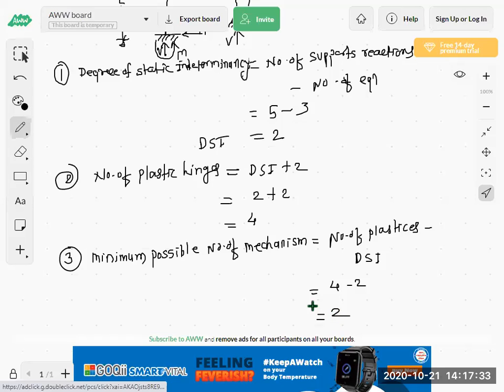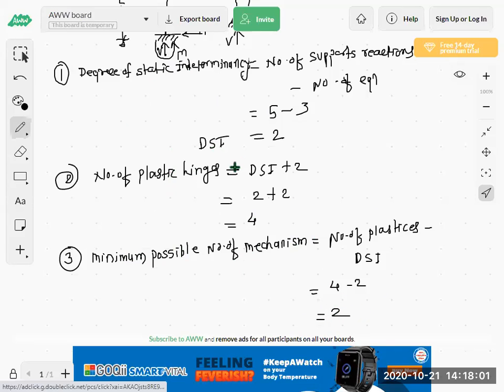Are you getting? So see how we have calculated the minimum possible number of mechanisms. In the first stage we calculated the degree of static indeterminacy, then the number of plastic hinges, and from the DSI and plastic hinges we calculated the minimum possible number of mechanisms. At least these 2 mechanisms we have to solve. Now what are these 2 mechanisms, that we will see.